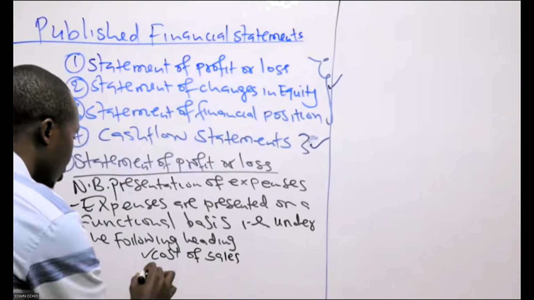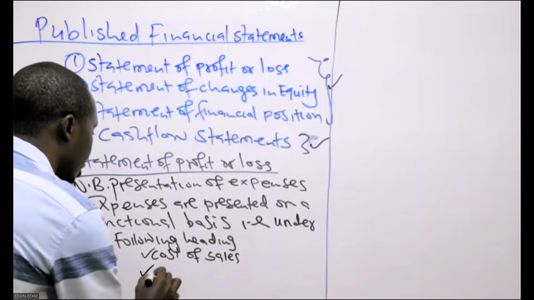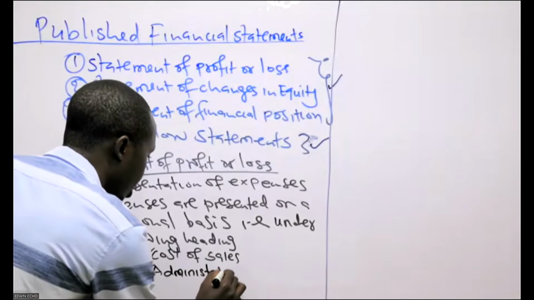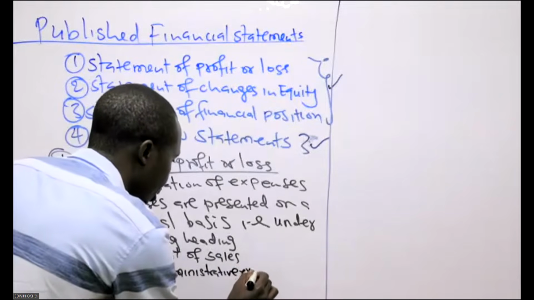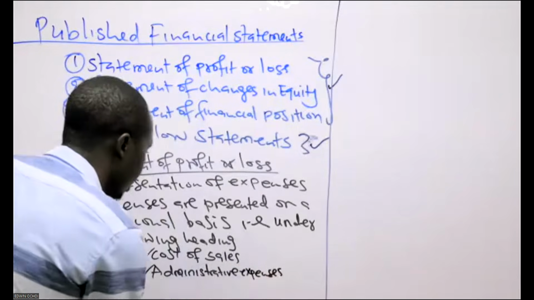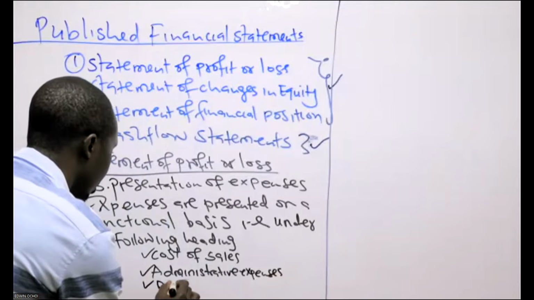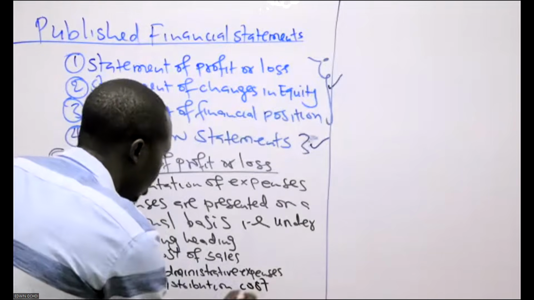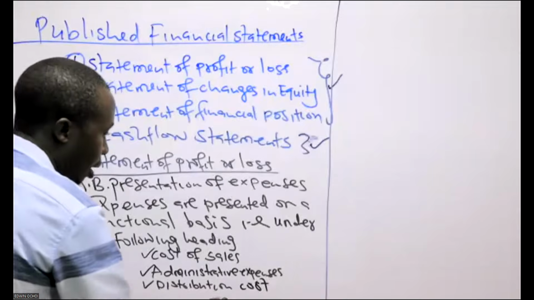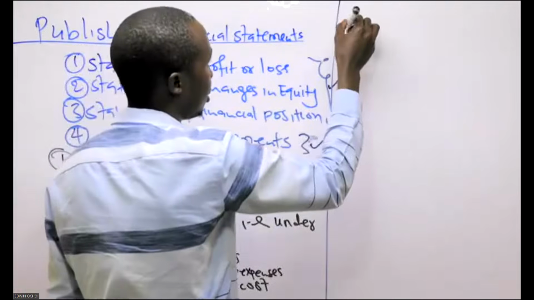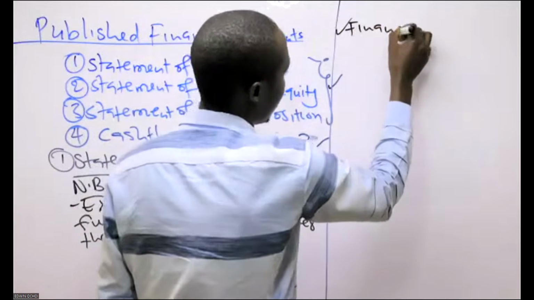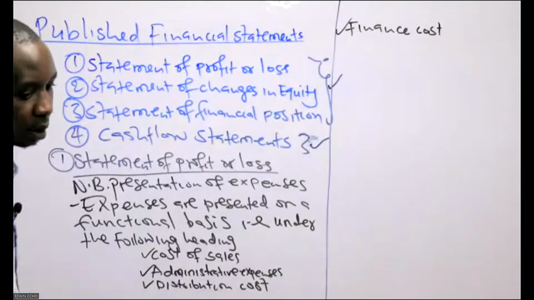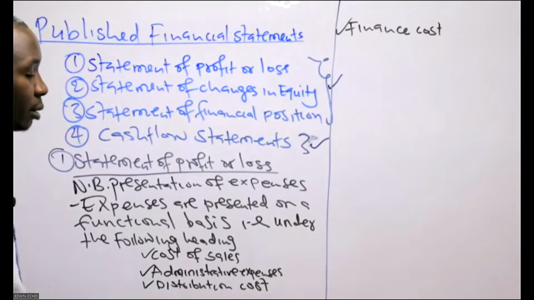Expenses can be classified under cost of sales. Under admin, we talk about administrative expenses. We talk about distribution cost. And finally, I can talk about the finance cost. So expenses would appear under the four headings.